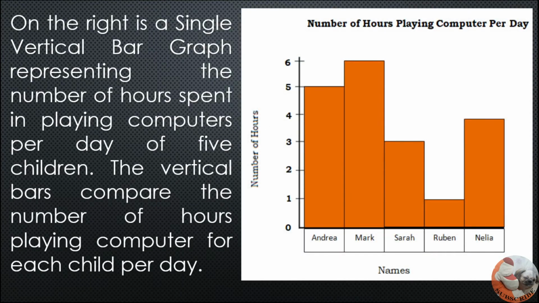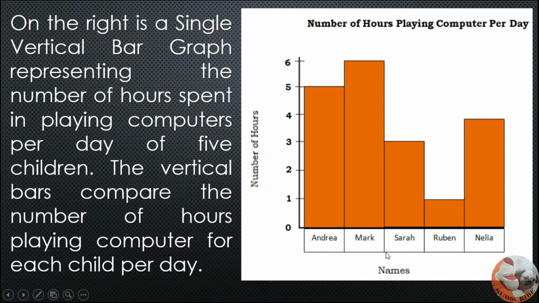On the right side is a single vertical bar graph representing the number of hours spent in playing computers per day of 5 children. The vertical bars compare the number of hours playing computer for each child per day. Here are the number of hours from 0 to 6.